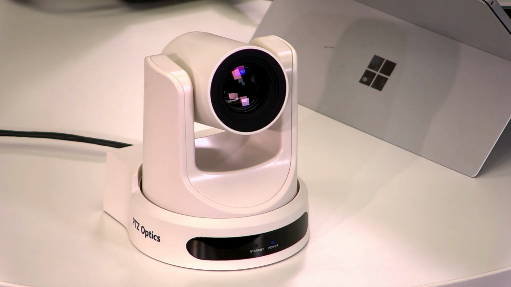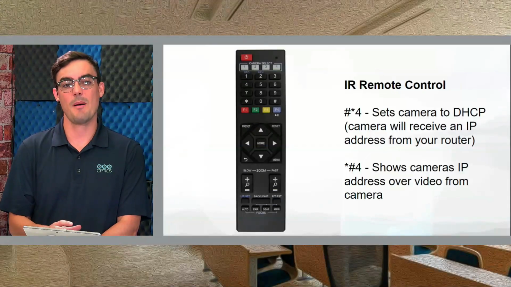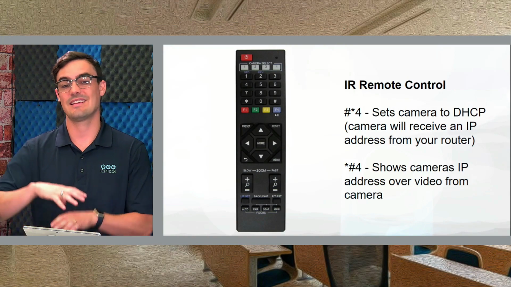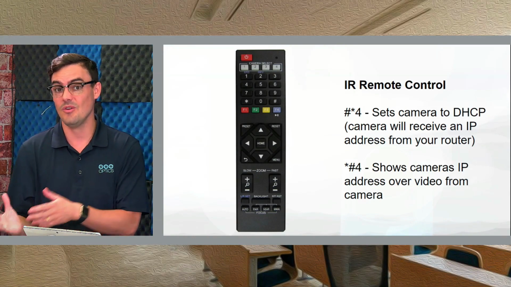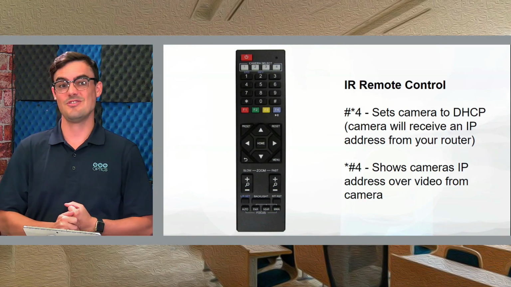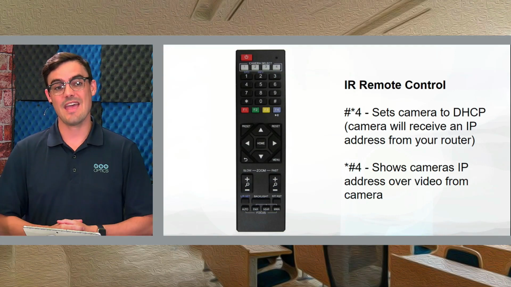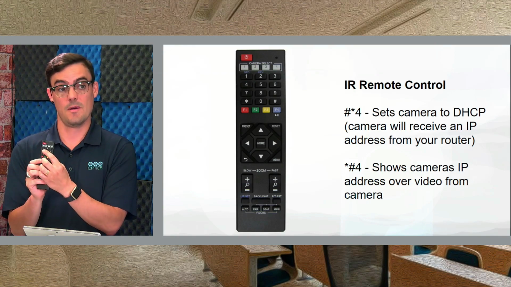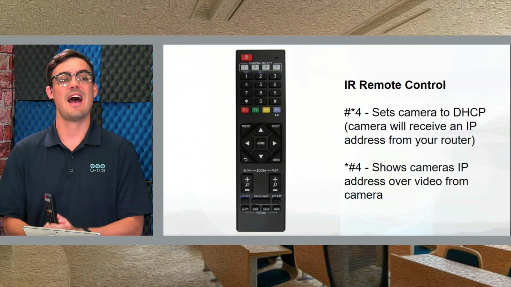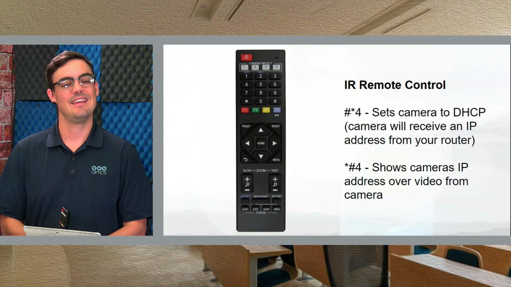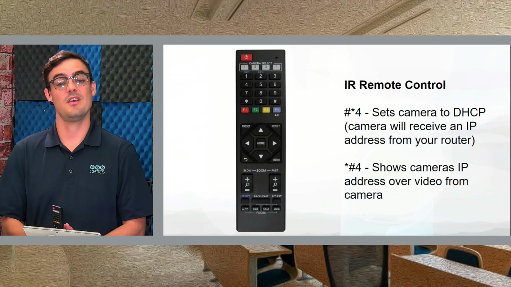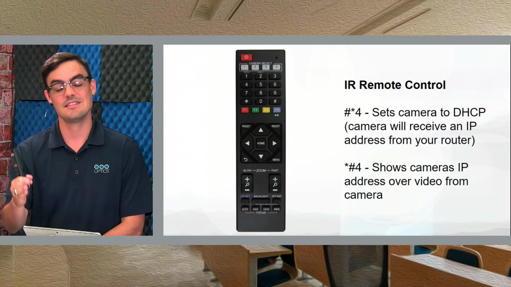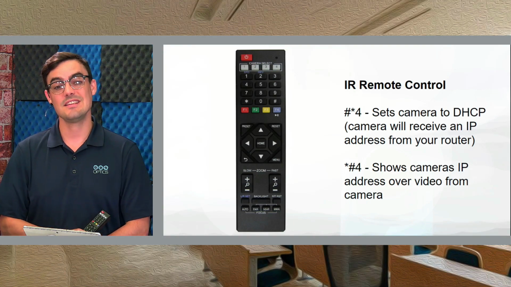And what that means is the camera will receive an IP address from your network, meaning it's going to get an IP address that your computer can use, that any device on your network can use, and you can find that IP address by hitting *4, and it will show the IP address directly in the video software that you're using. So if you're connecting via HDMI, SDI, or the HD IP video stream, you'll be able to see that.